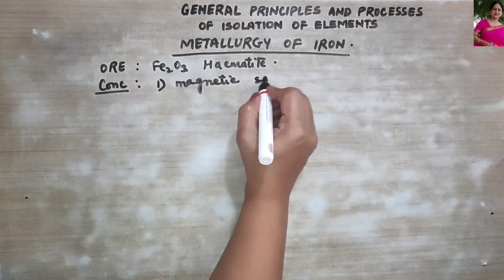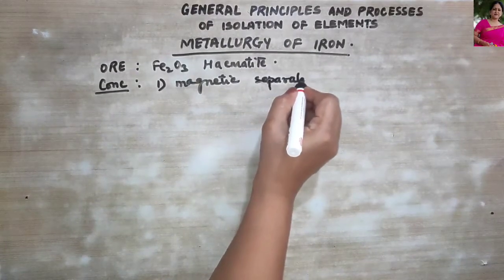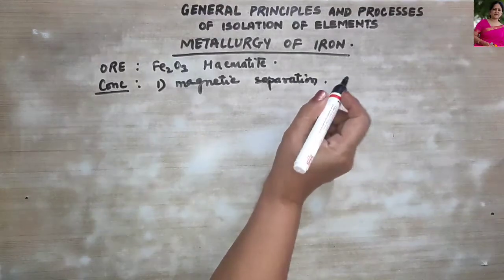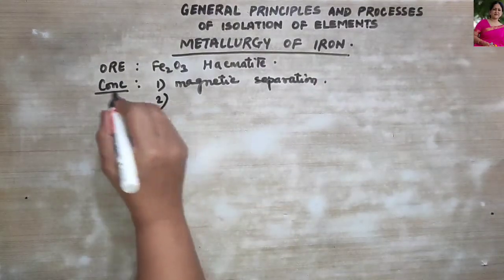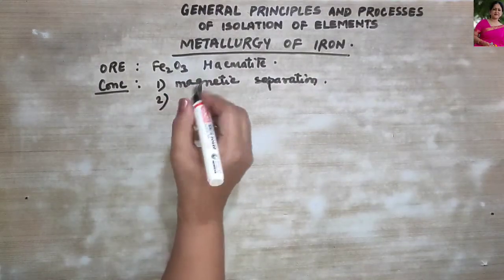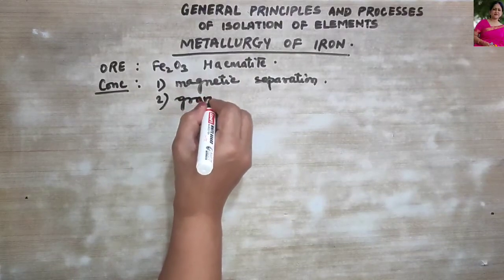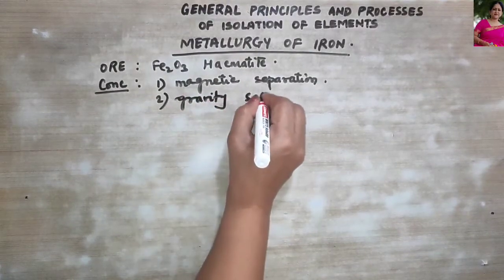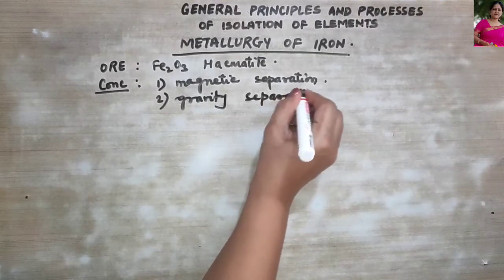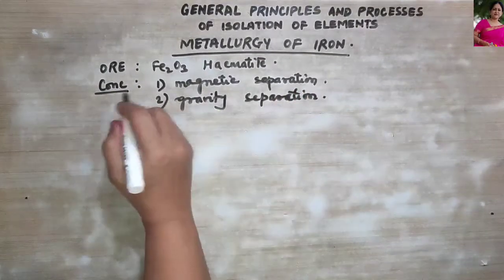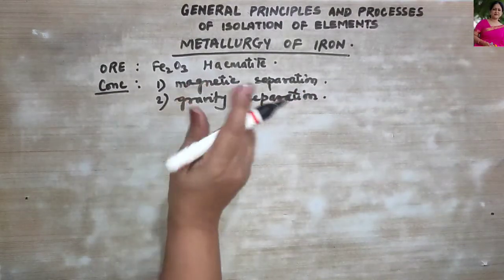Magnetic separation can be one of the methods, right? And another method of concentration for hematite could be gravity separation. By gravity separation also we can do the dressing of this ore, right?